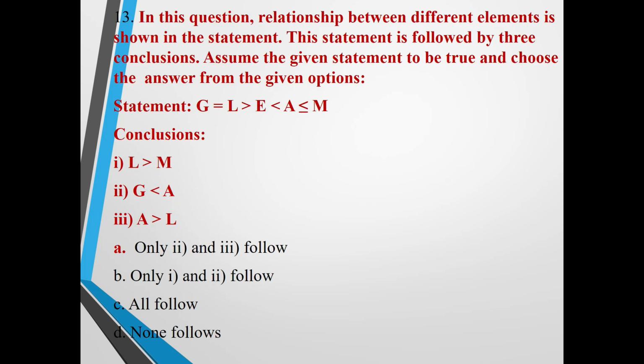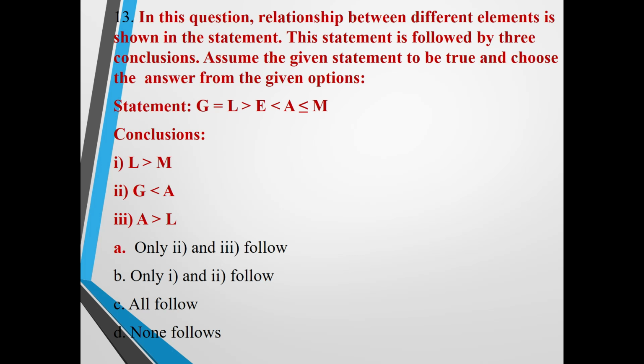Next question. In this question, the relationship between different elements is shown in the statement. This statement is followed by 3 conclusions. Assume the given statement to be true and choose the answer from the given options.